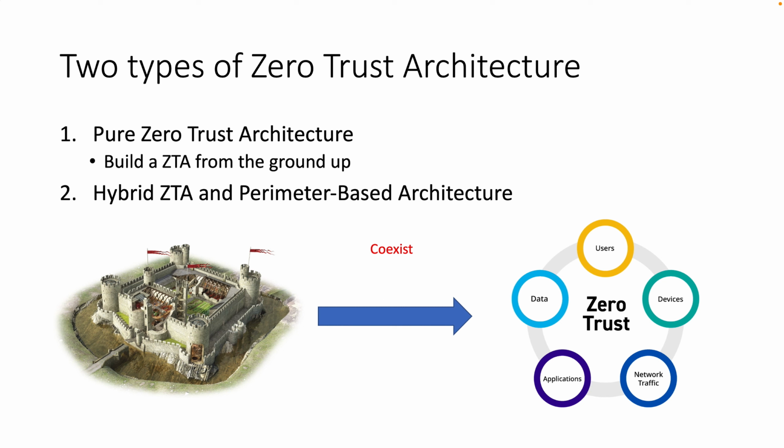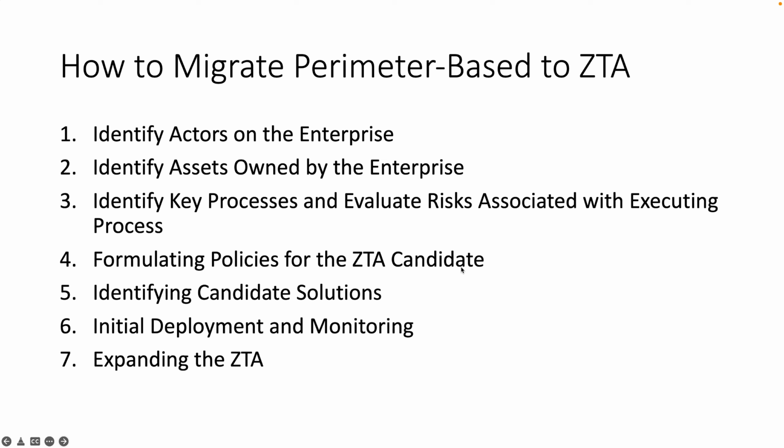In an ideal situation, eventually, a perimeter based security architecture enterprise can completely change to zero trust architecture based on its needs and case.